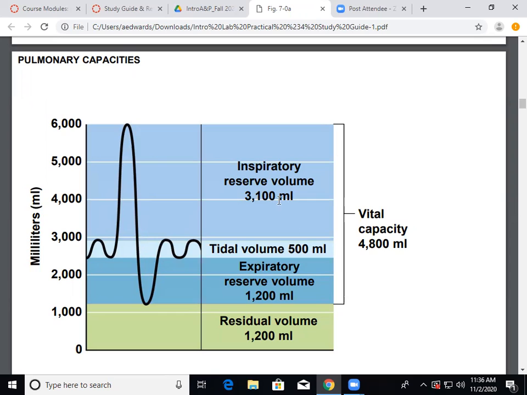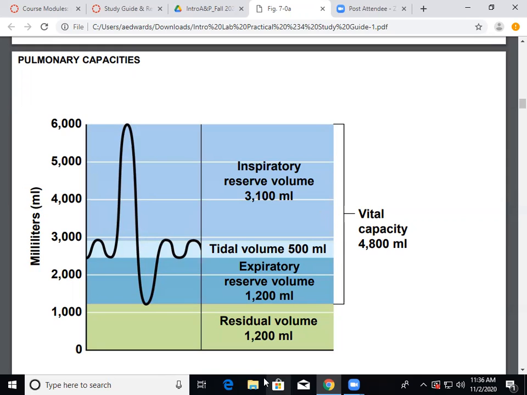If you add your inspiratory reserve volume, tidal volume, and expiratory reserve volume, that is about 4.8 liters. You'll probably see a picture where you have to identify at least one of these, so just be aware of that.